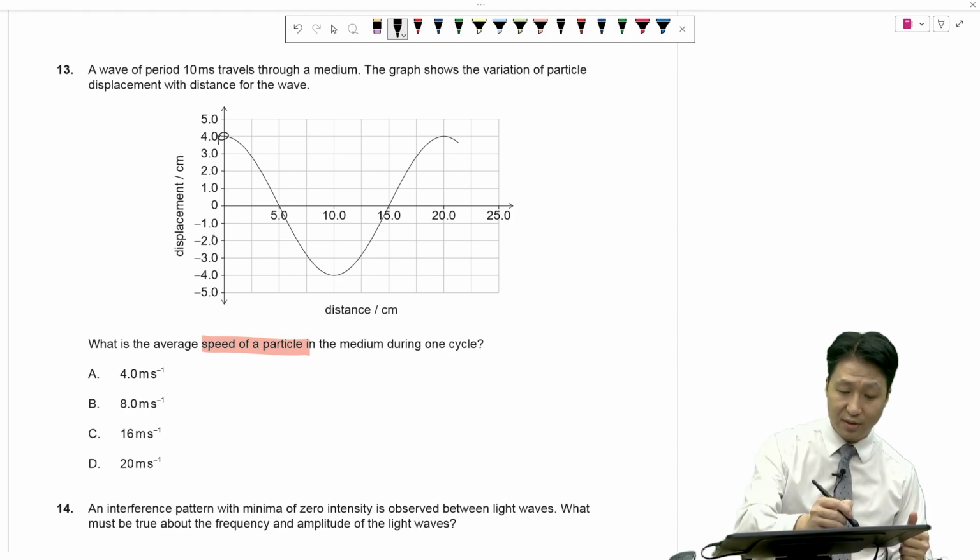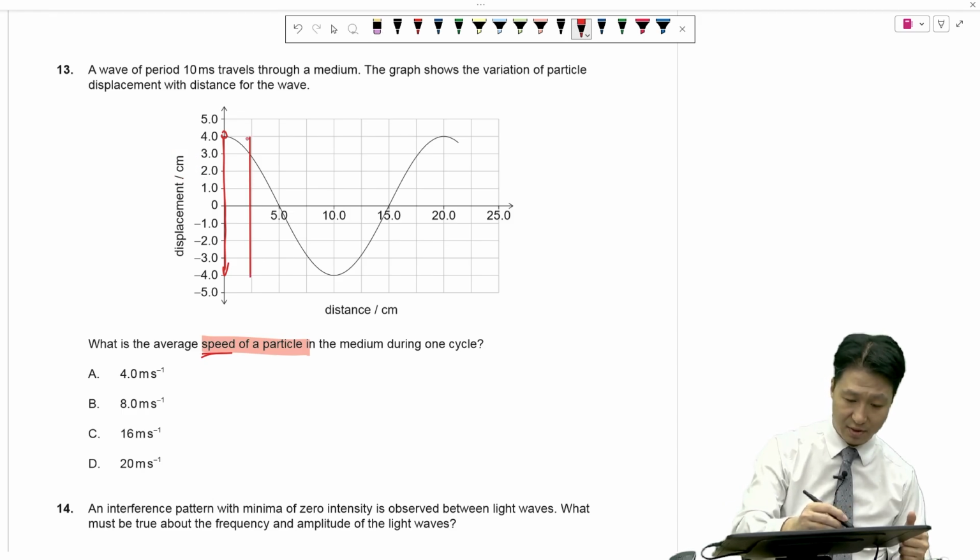The particle moves from +4 down to -4 and then back up again. And it says speed, not displacement. So it goes down to -4, which is 8 centimeters displacement, and then back up another 8 centimeters.